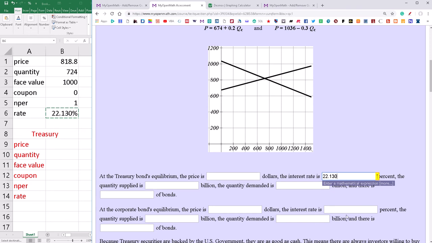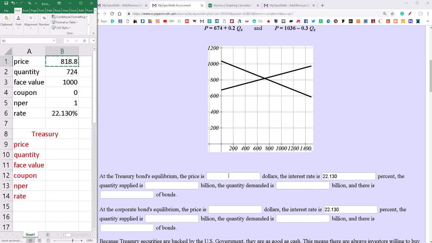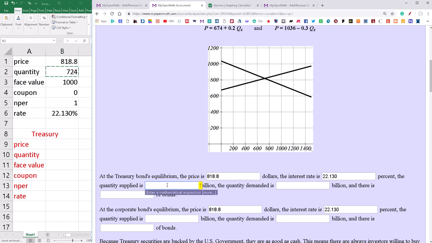Whether it's a corporate bond or a treasury bond, the price is $818.80. The quantity is 724 billion sold. The quantity supplied and the quantity demanded are the same.